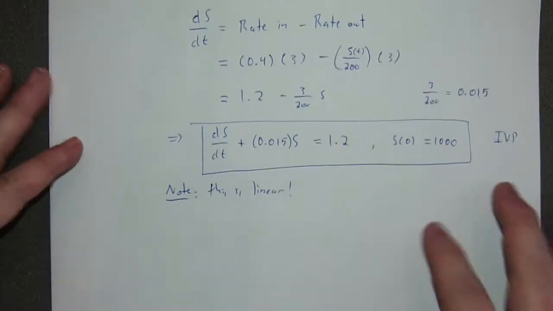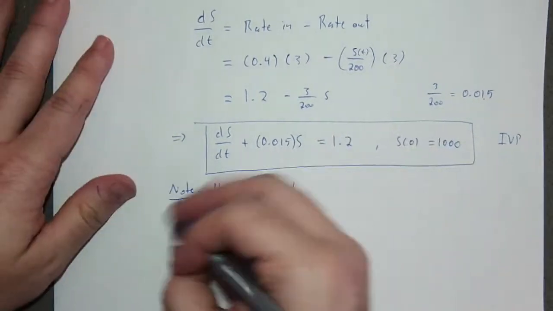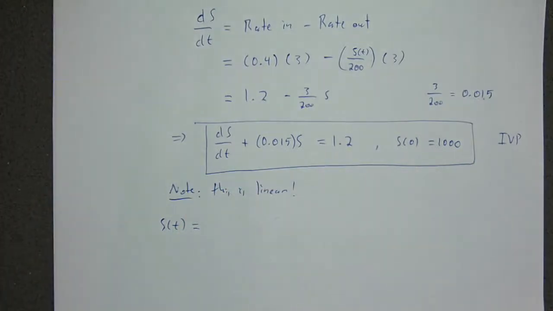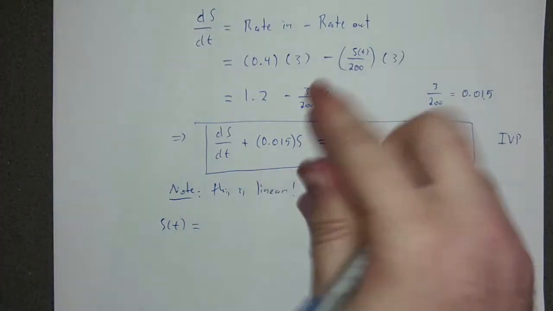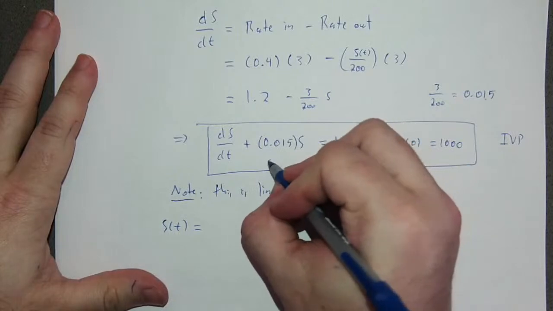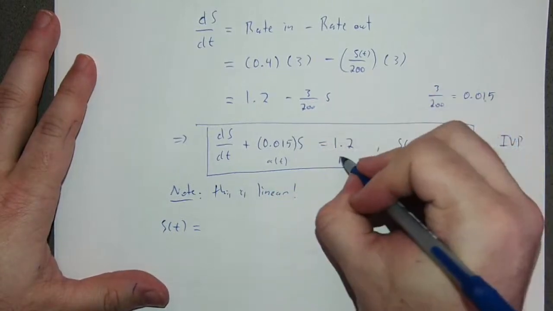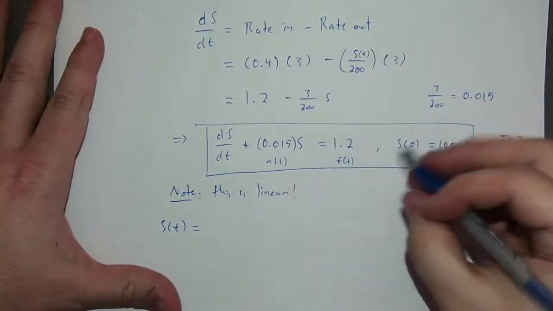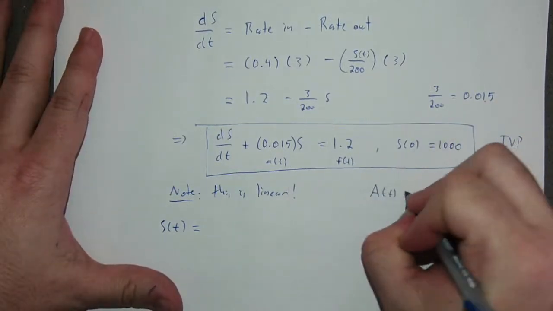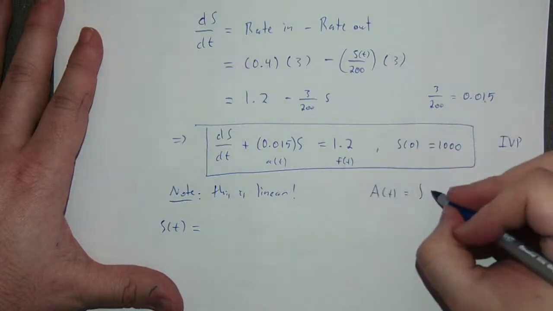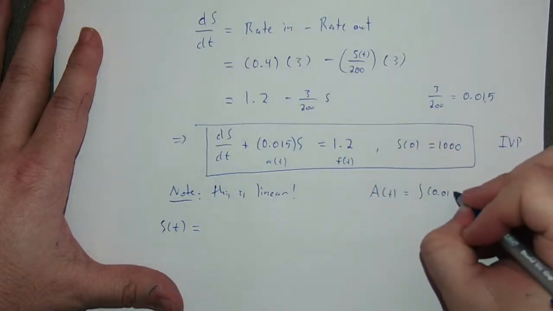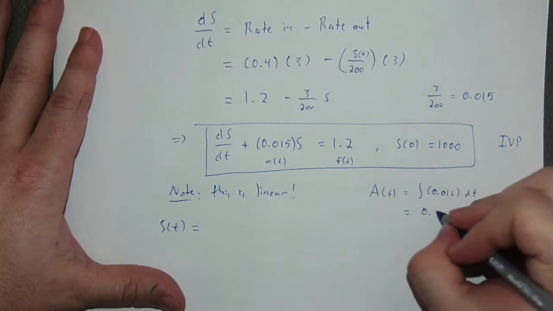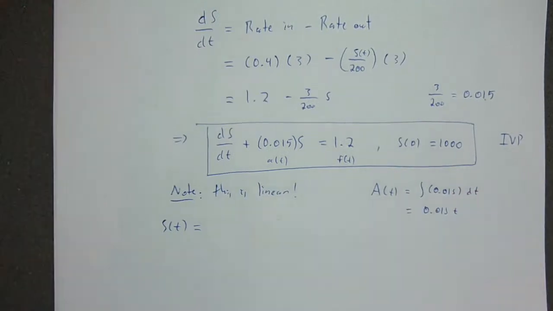Just following the recipe, here is my a of t, here is my f of t, and so big A of t is the integral of little a of t, but little a of t is just a constant, 0.015 dt. So this is 0.015 t.